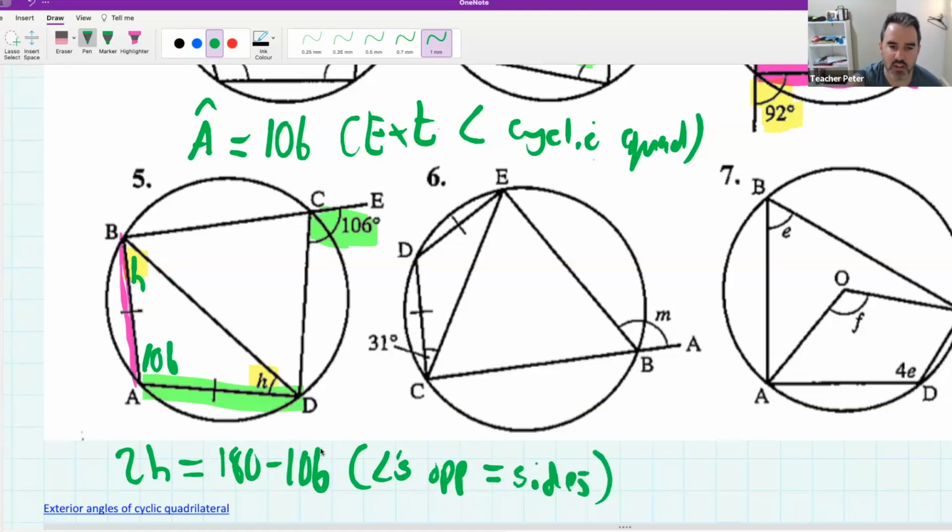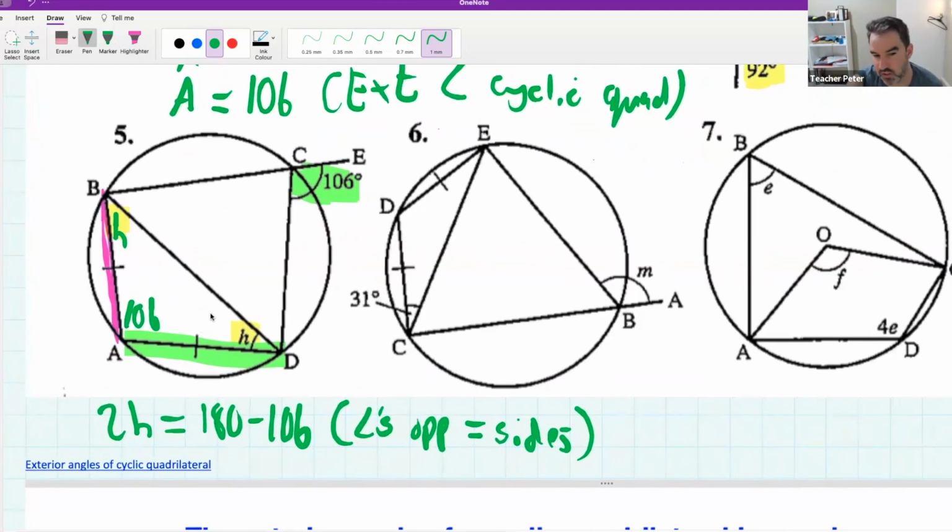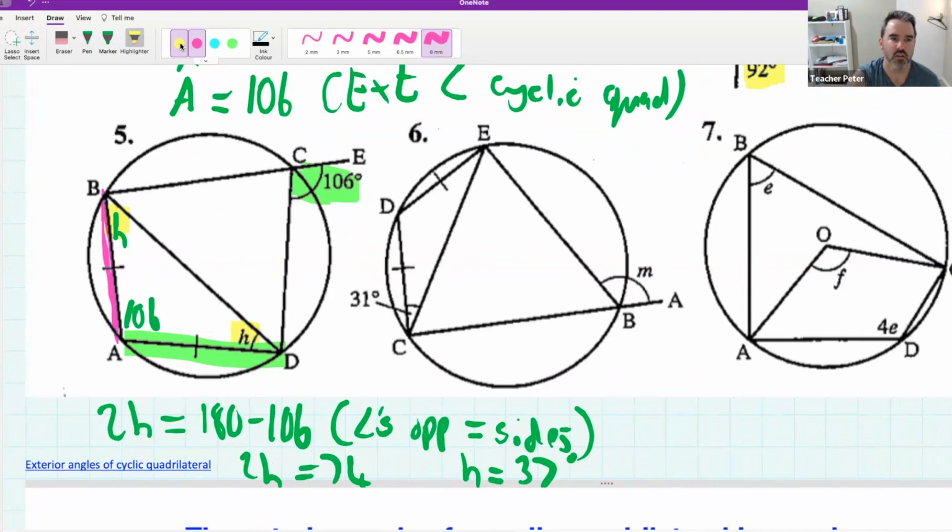So we've got 2H is 74, which means H must be 37 degrees.